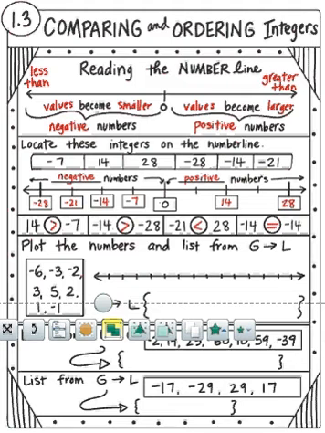Next, let's talk about plotting the numbers and listing them from greatest to least. So we're going to go from the biggest number to the smallest number. Which one is the biggest number on our list?